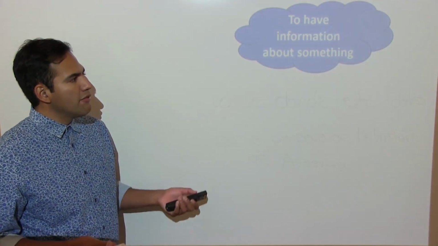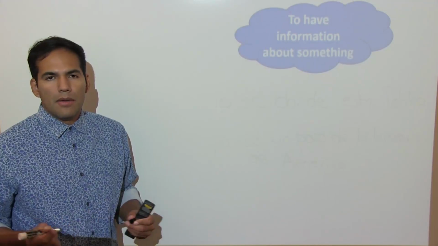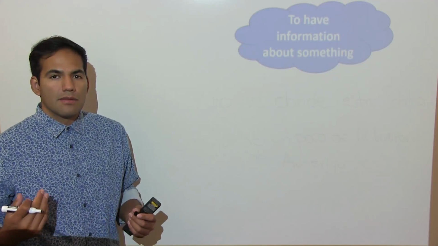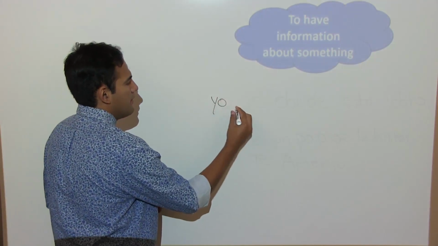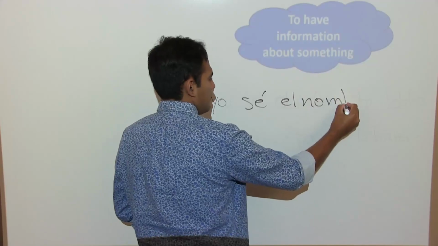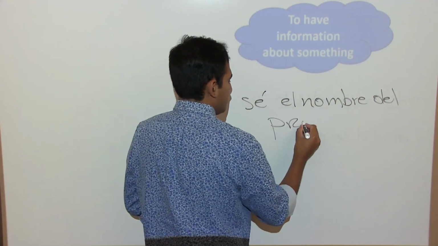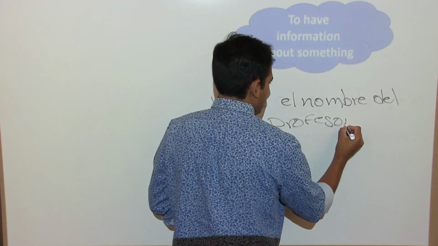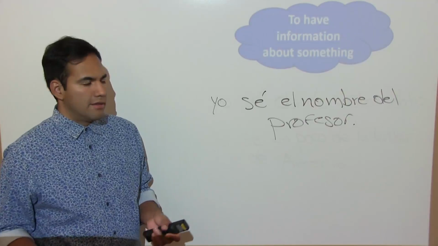The next one, to have information about something. Like I commented before, knowing some type of information, like knowing someone's name, knowing someone's address. Yo sé el nombre del profesor. I know the professor's name.